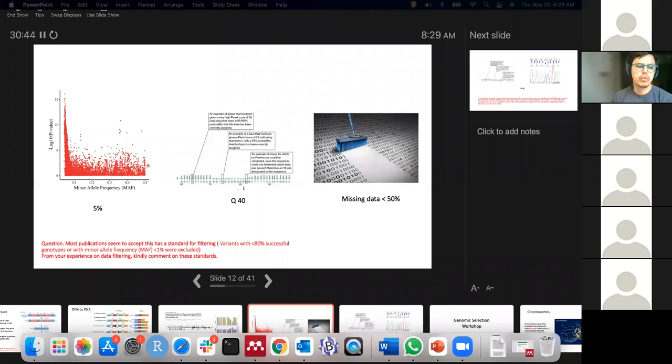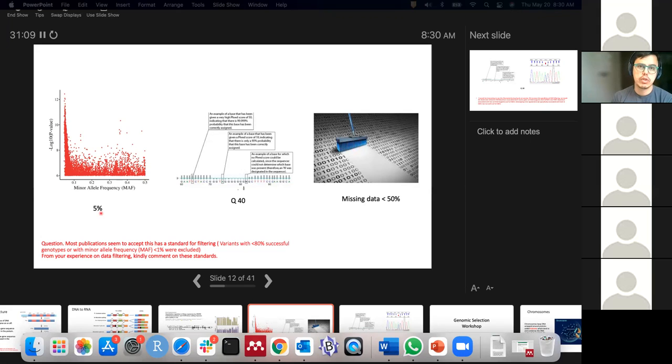Yeah, so those, Winifred, are the three standard parameters, I would say, that are accepted. So minor allele frequency: the reason to use a minor allele frequency of 5% is that if you use a lower number than that, it's going to be so difficult to identify.